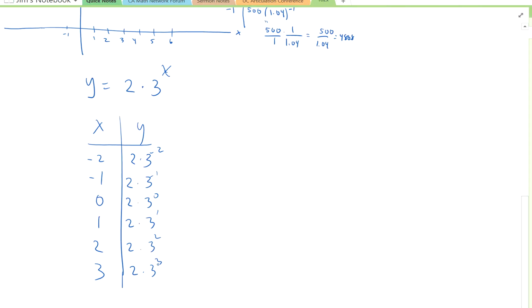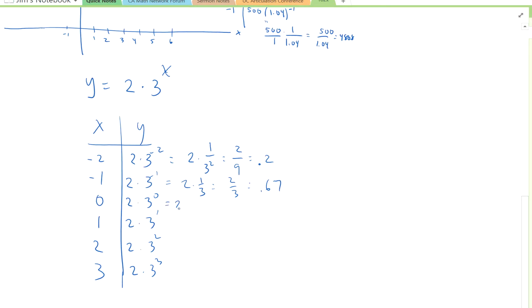That makes sense, I just plugged in my values for x. So let's simplify these. This is 2 times 1 over 3 squared, which is 2 over 9, which is 0.2 if I round it. This is 2 times 1 over 3, which is 2/3, which is 0.67.